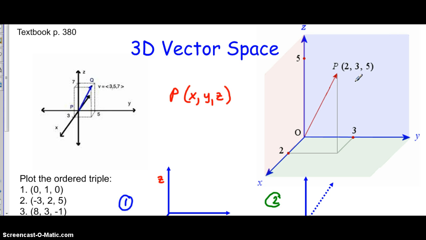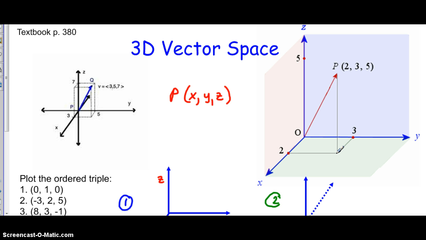But just to give you a reference point, to start off, the point P has x value 2, y value 3, and z value 5. The way you plot that is you always start at the origin and first move in the x direction. In this case, the positive x, 2 units, so 1, 2. Then from there, we use our y value of 3, and the positive direction again, 1, 2, 3. Notice how we're parallel to the y-axis here.